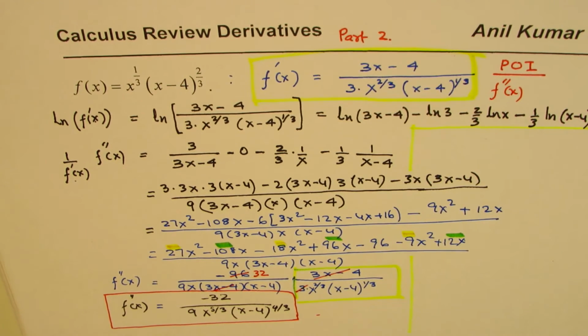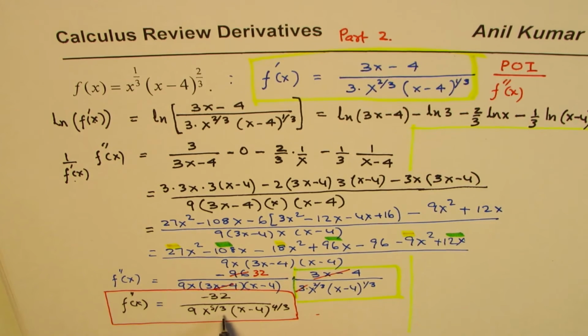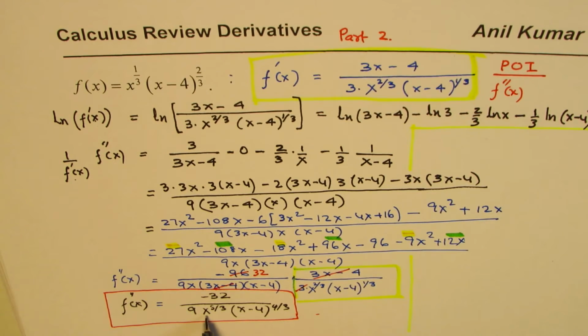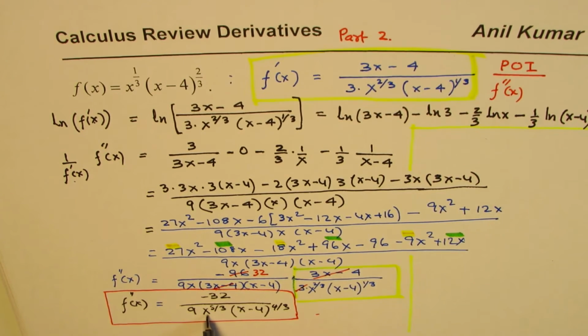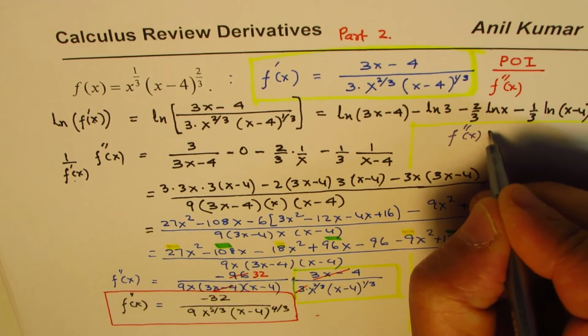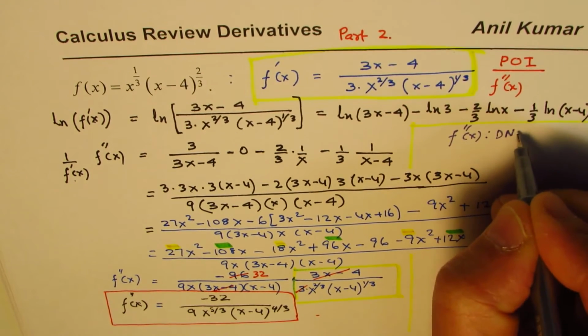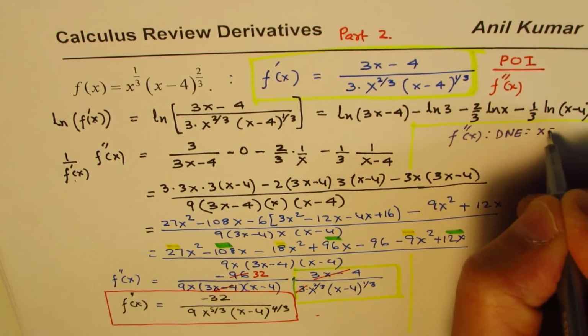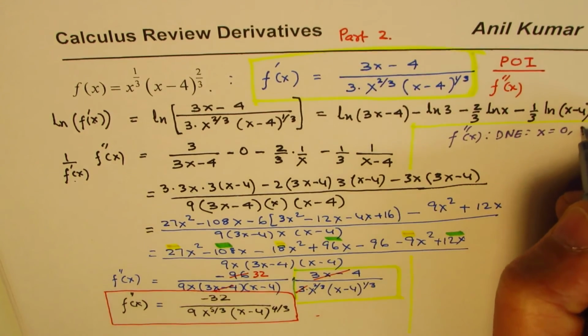So here we find that the second derivative is not defined at x equals to 0 and at x equals to 4, right? So what we see is that f dash x does not exist at x equals to 0 and x equals to 4, right?